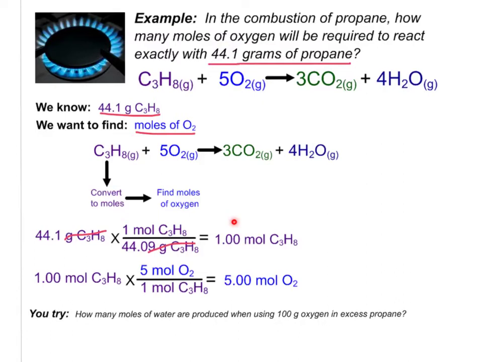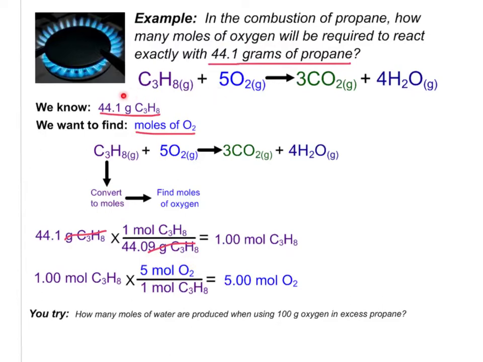Now, once we convert into moles, that was our first step, we will then find the moles of oxygen using our mole-to-mole relationship that we just learned. So let's take the number of moles of propane, we're just rewriting it down here, and we're going to multiply by our ratio of moles of propane to moles of oxygen based on the stoichiometry right here, the coefficients.